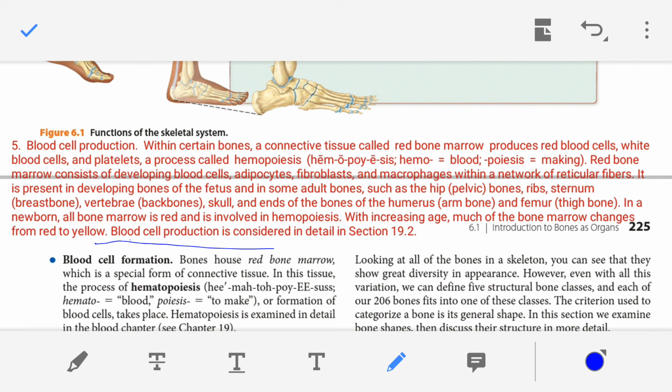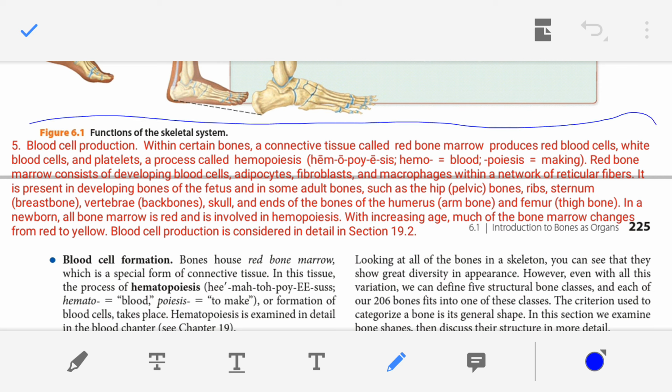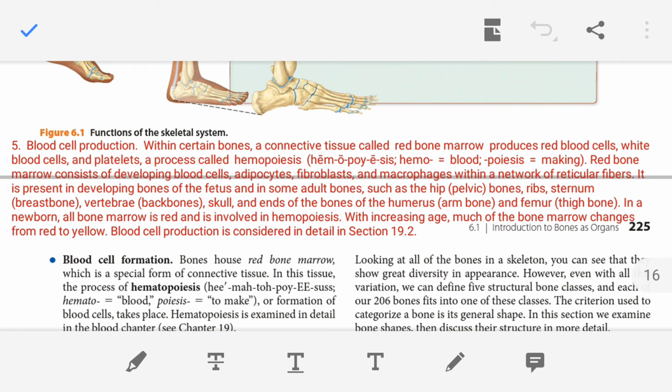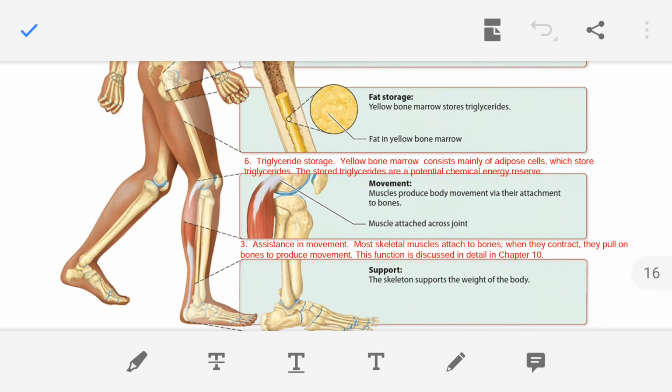That means when you study the circulatory system topics, when you study hemopoiesis, at that time the blood cell production will be explained to you. So this is about the red bone marrow and how the blood cells are formed. Blood cells are produced by red bone marrow, and what is hemopoiesis. All this we have discussed.